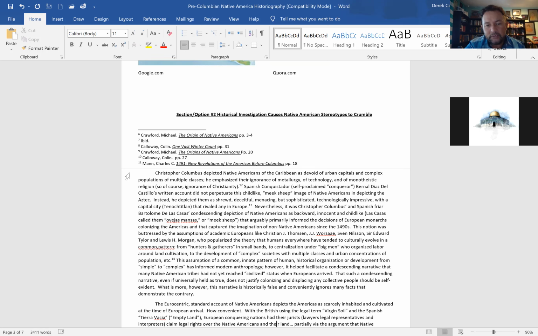A stela, right, was like an obelisk, a big rock formation that had hieroglyphic writings on it.